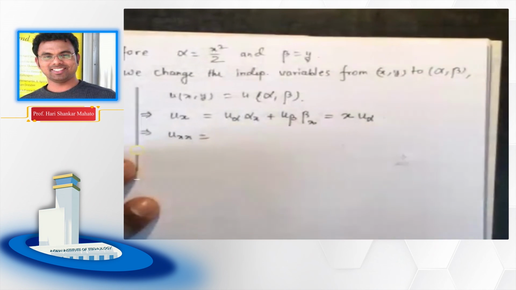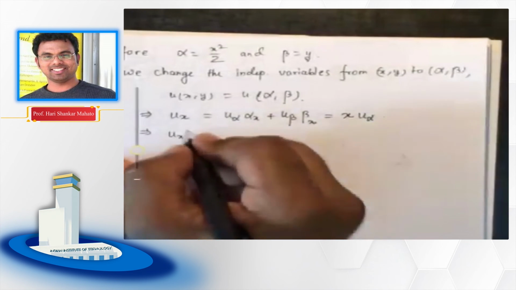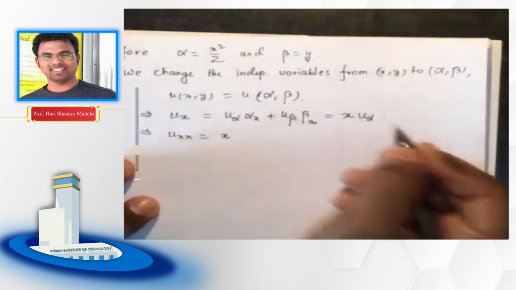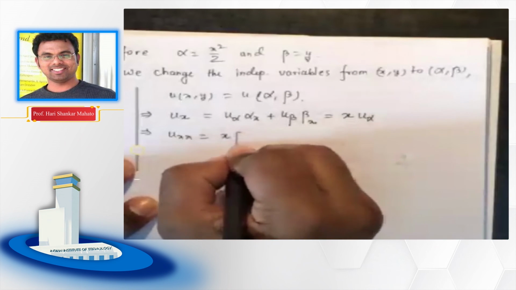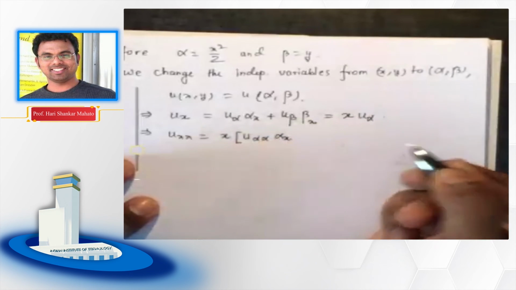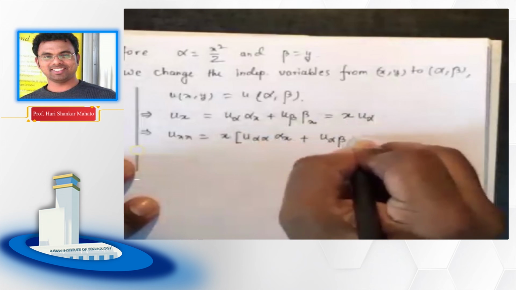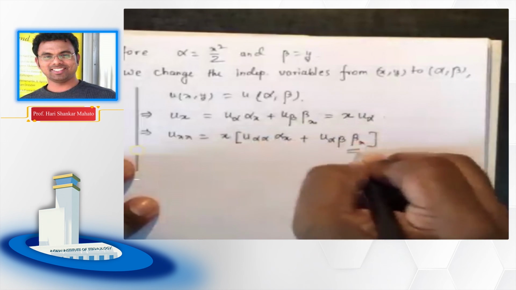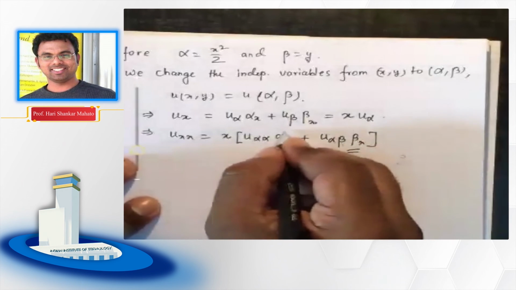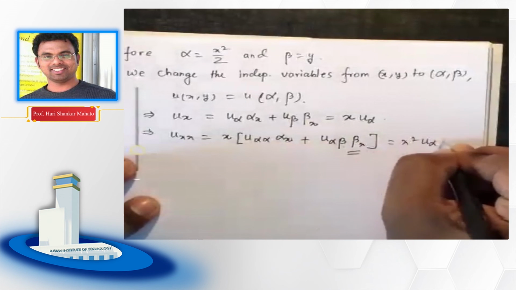So now I can calculate uxx. x remains unchanged, and the partial derivative of u alpha gives u alpha alpha times alpha x plus u alpha beta times beta x. But this term will not exist because the partial derivative with respect to x of beta is 0. So ultimately, we will have x square times u alpha alpha.